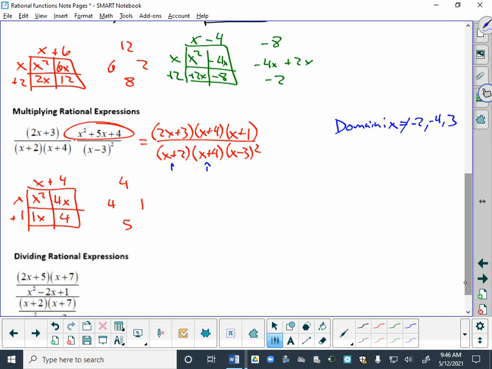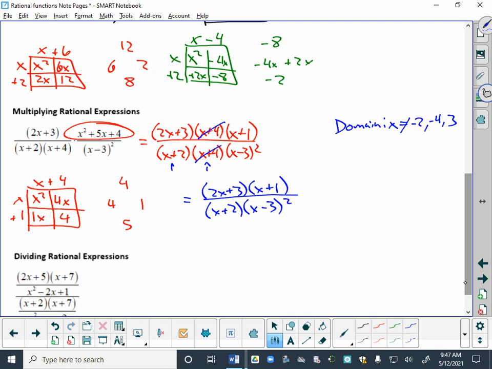But from a simplification standpoint, I have an x plus 4 there, and I have an x plus 4 there. So this is equal to 2x plus 3 times x plus 1 over x plus 2 times x minus 3 squared. Now, you could multiply all those together again and obscure what the factors are, but the reality is this is going to be the useful version of this anyway.